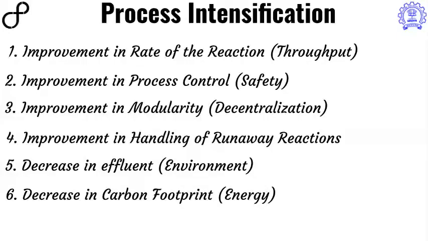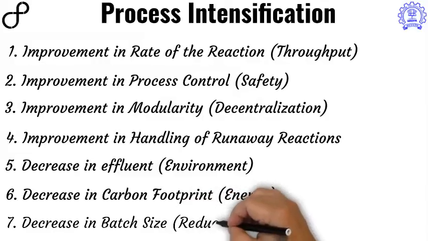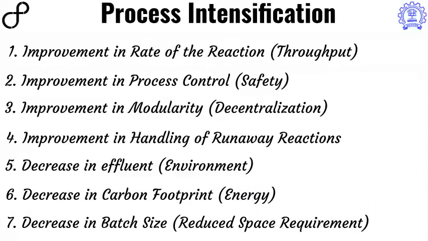In the traditional batch chemistry, the cost of production per unit decreases as the batch volume increases. However, the large batch size is very dangerous in situations like batch failures or runaway reactions. Therefore, it will be highly advantageous if one can decrease the batch size while retaining the same production capabilities.